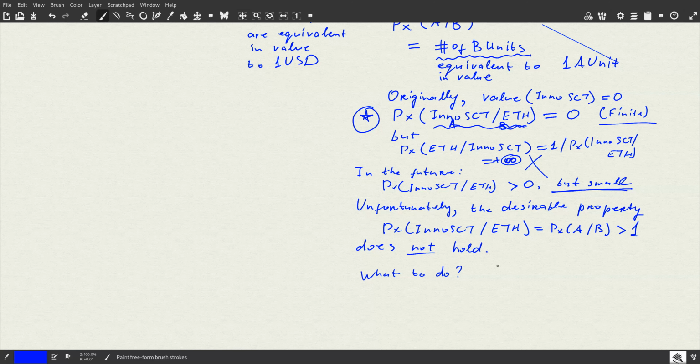One of them was INCT, and what was the other one? The price of INCT to some coin 2 is undefined.